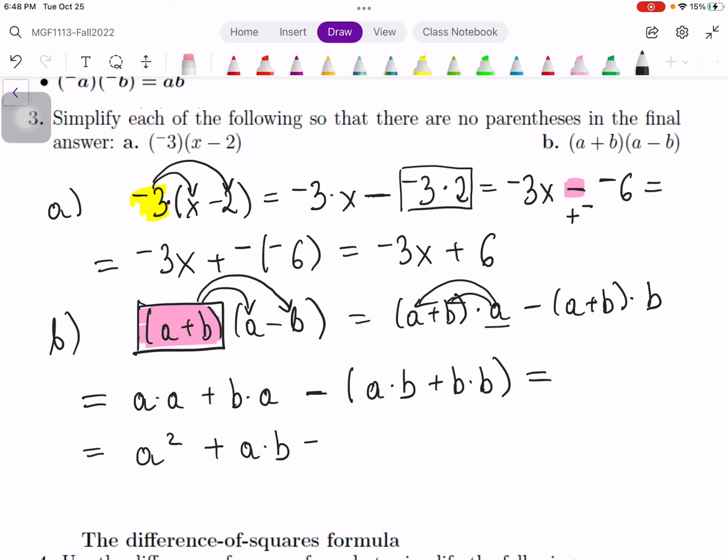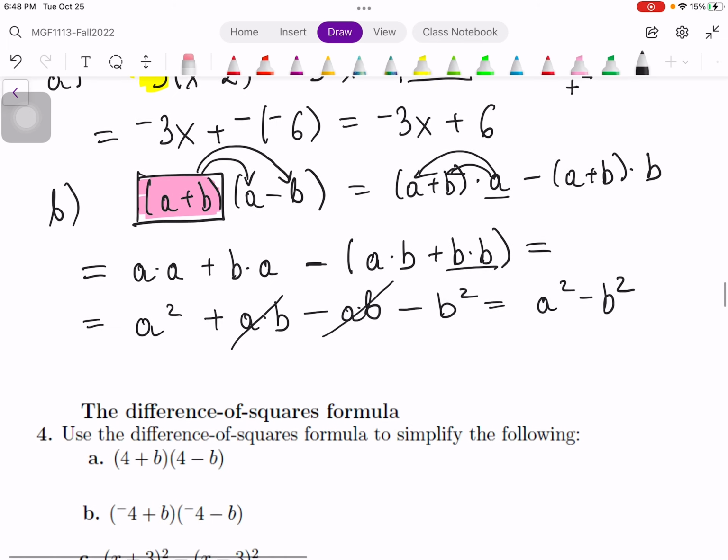We know from algebra we can distribute minus, and b times b I can write as b squared. So notice a times b cancels out, the same thing, and we end up with a squared minus b squared.